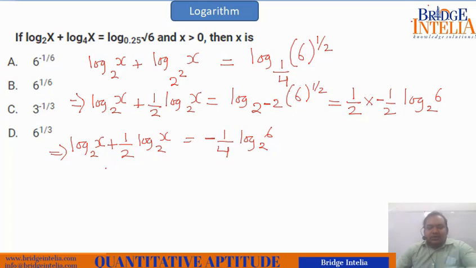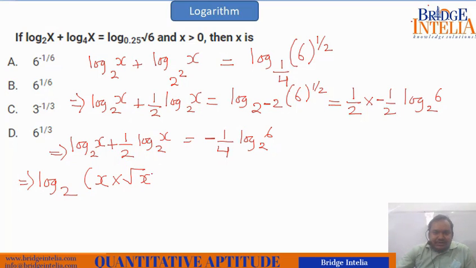Now this means if you take log 2 as common and apply the product rule, this becomes x into root x, because this half means square root, is equal to log of 2 6 raised to the power minus 1 by 4. So from here it is clear that x to the power 1 plus half is equal to 6 to the power minus 1 by 4.